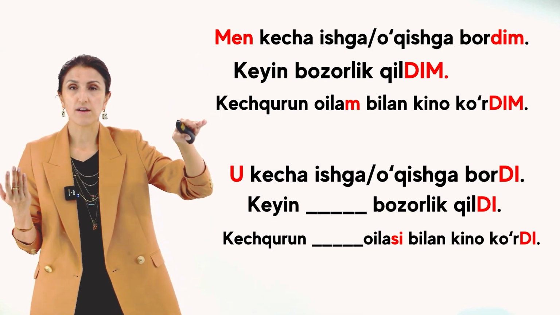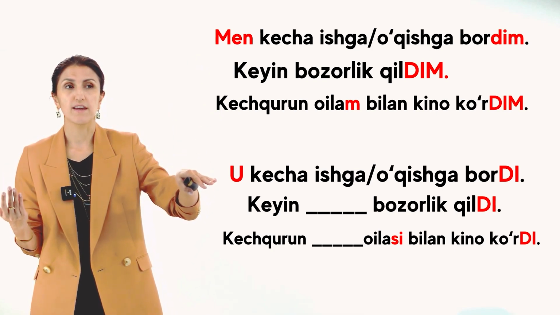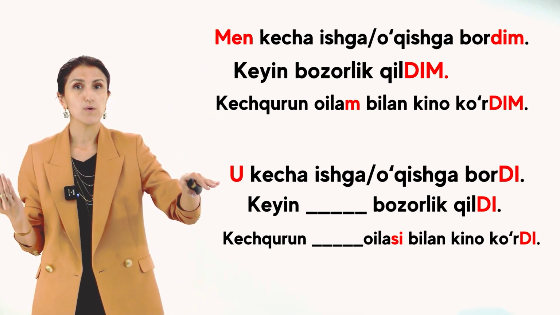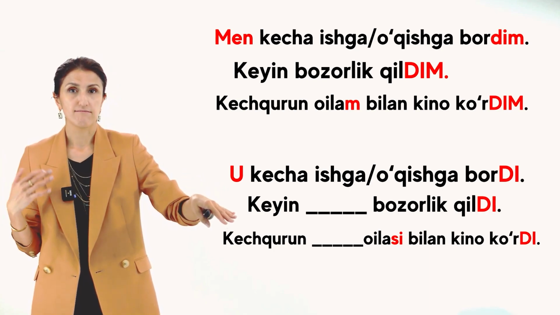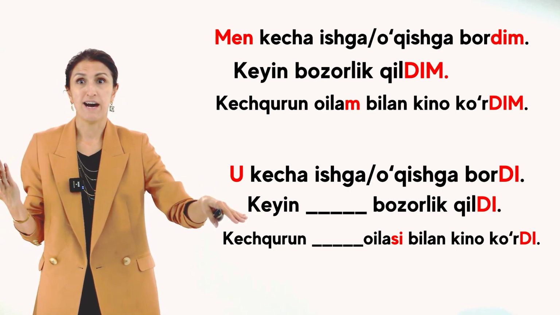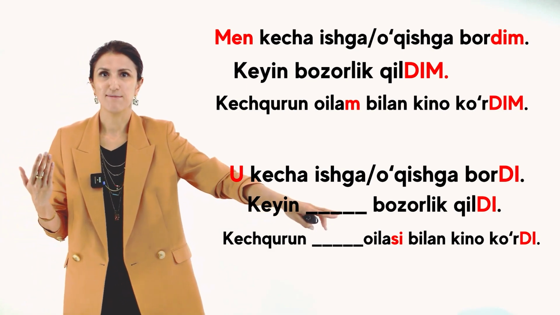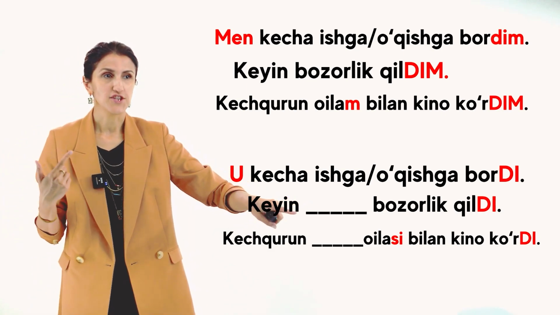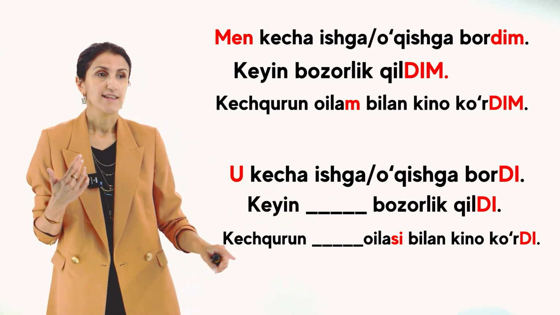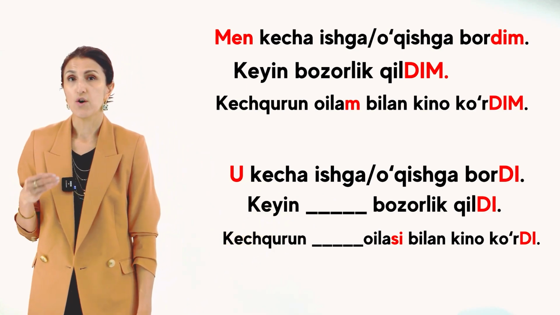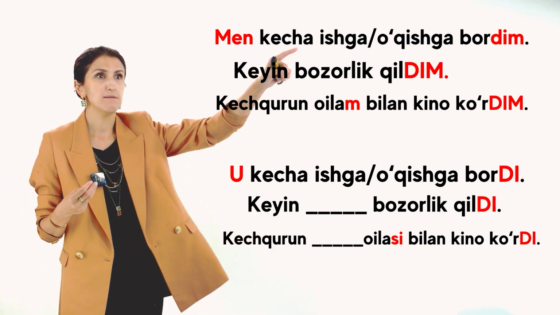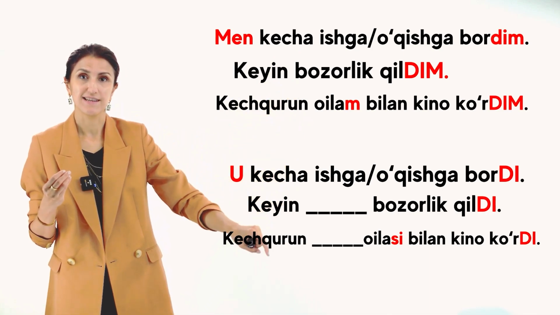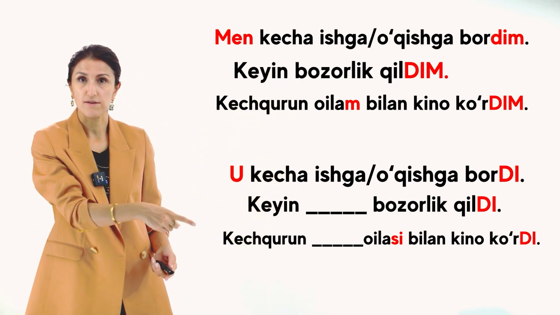If we were talking about someone, we would say, u kecha o'qishga bordi, u kecha ishga bordi. Keyin Saida, Nargiza, Mark, John, doesn't matter, anyone, he or she bozorlik qildi, kechqurun oilasi bilan kino ko'rdi. So dim or d. First person, third.